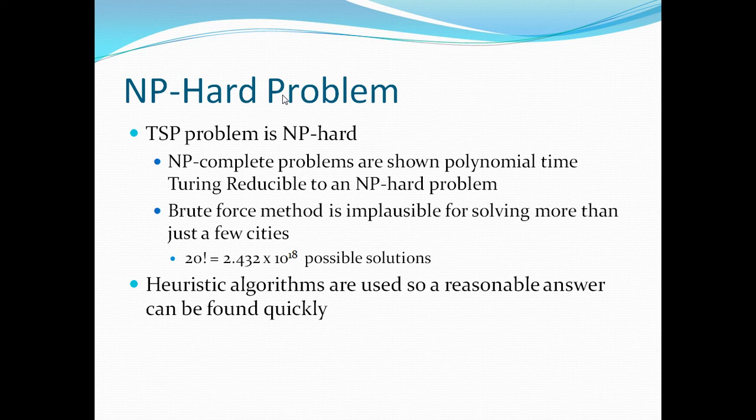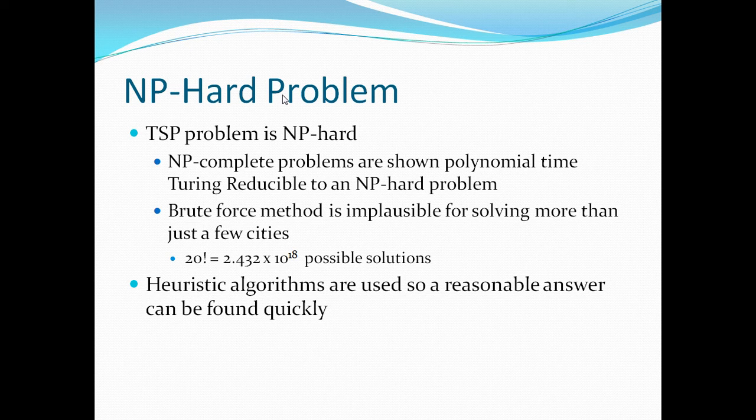So in order to solve an NP-hard problem, you have to solve multiple NP-complete problems, which means that although NP-complete problems have been proved to be able to be solved in polynomial time, there may be a method of doing that, but for NP-hard problems, we're almost completely sure that there's no way of solving them in polynomial time.